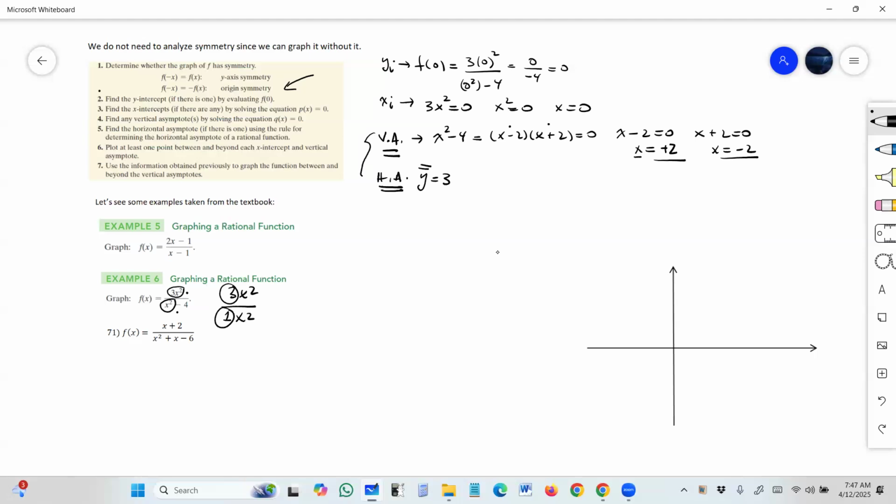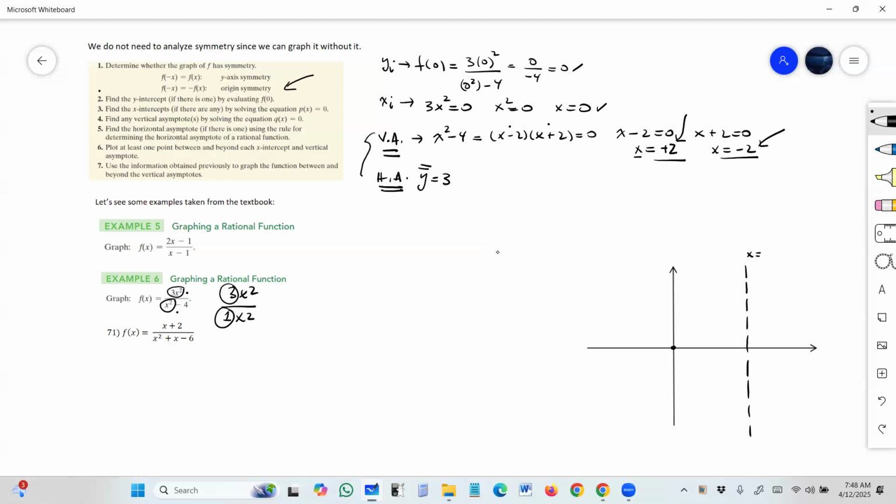All right, so now I have every piece of information that I need. I will plot all of these values. So here's my y-intercept, which also happens to be a root. And I have two vertical asymptotes. Remember, the asymptotes have to be graphed as dashed lines, all right?